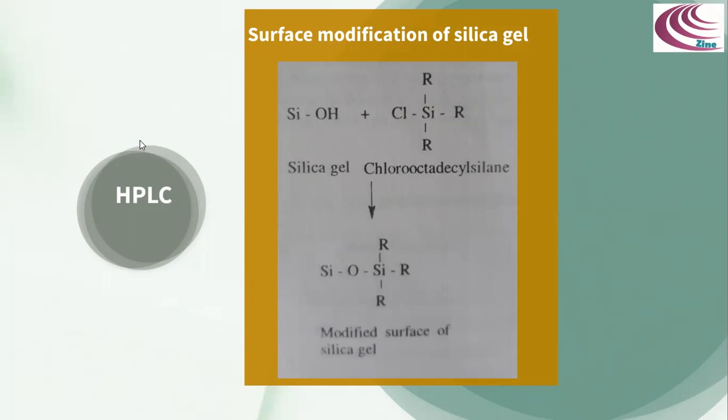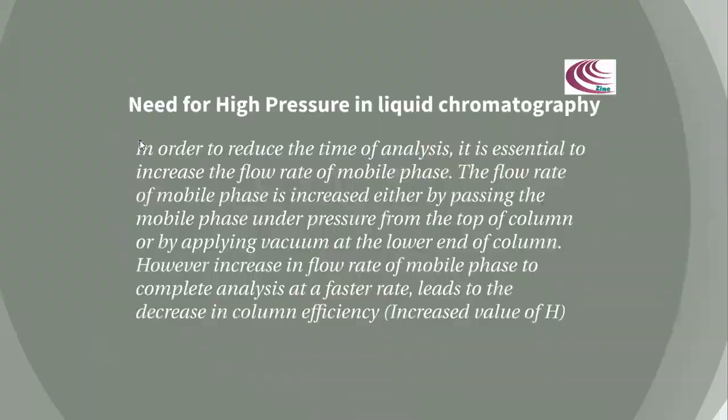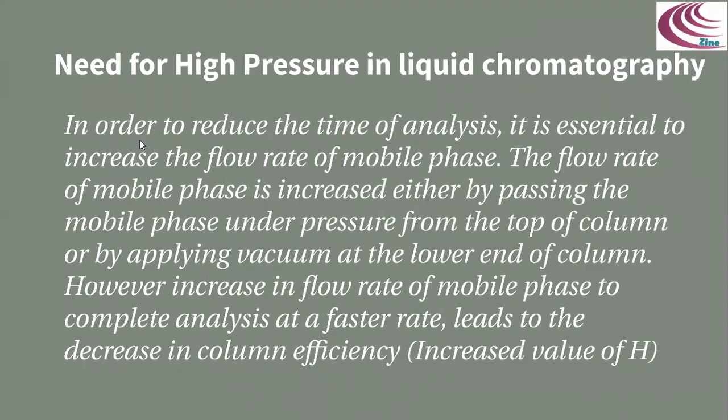Chromatography carried out under normal pressure is called classical chromatography. However, many times, because of a few distinct advantages, a mobile phase is passed under pressure through a column. In such a case, the technique is called high pressure liquid chromatography, that is HPLC.